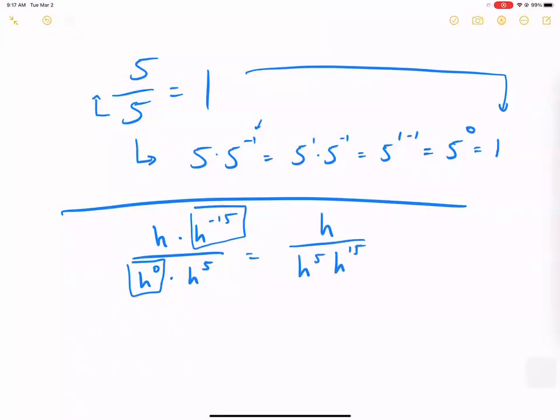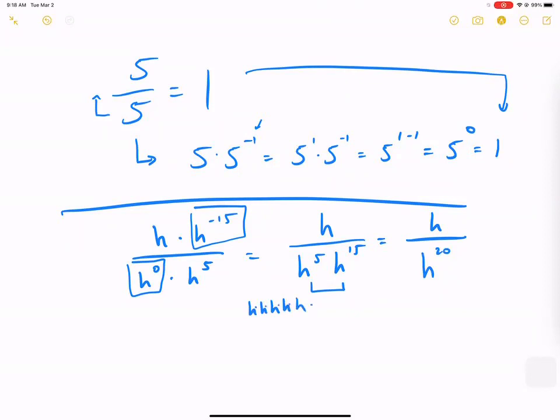And now let's go ahead and combine our values together. We have h on top. And how many h's do we have on the bottom? 5 on my left, 15 on my right. We actually have a total of 20 h's here. Again, to reiterate, why is it 20? Well, isn't this 1, 2, 3, 4, 5? That's h to the 5th, all being multiplied together.